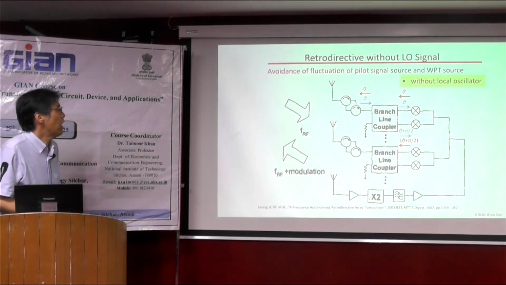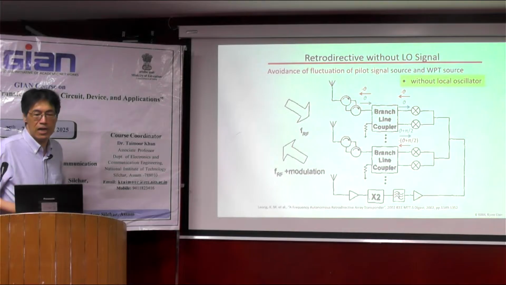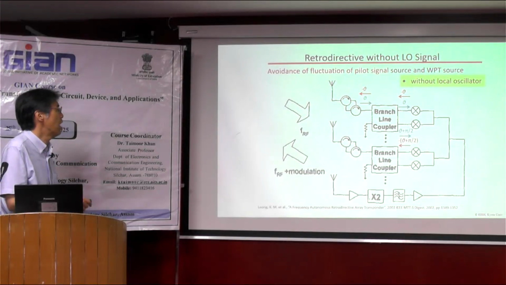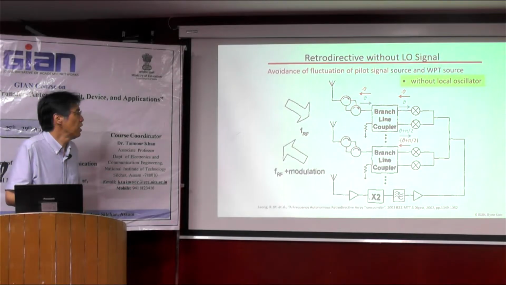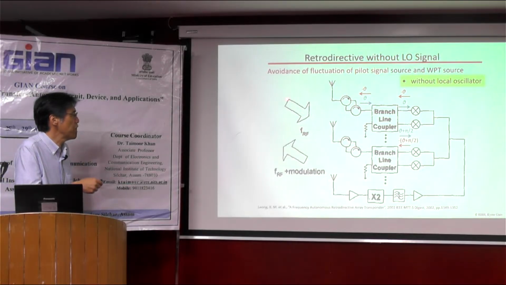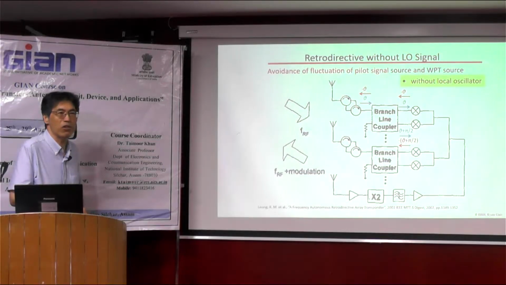And another US group proposed to solve the other demerit, the fluctuation between the pilot signal source and the local signal. So they adopt the incoming signal as the local signal.